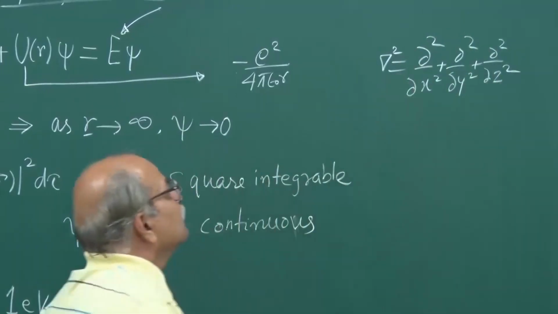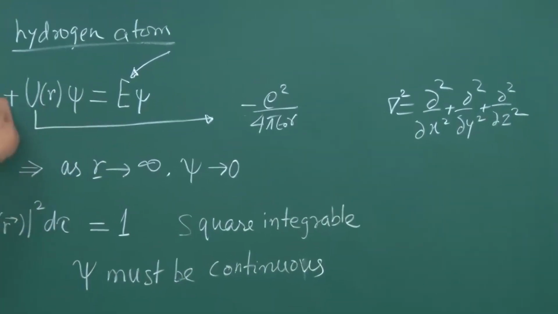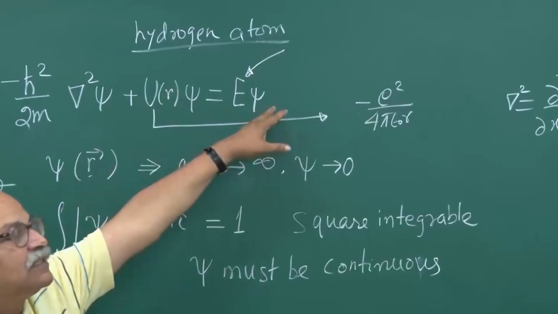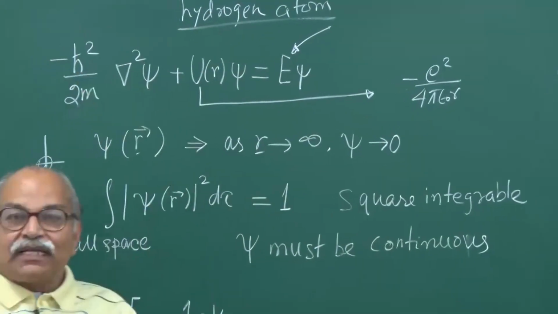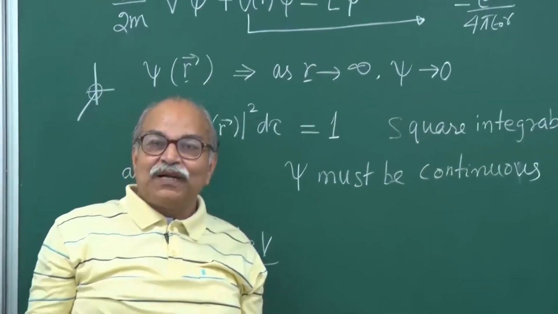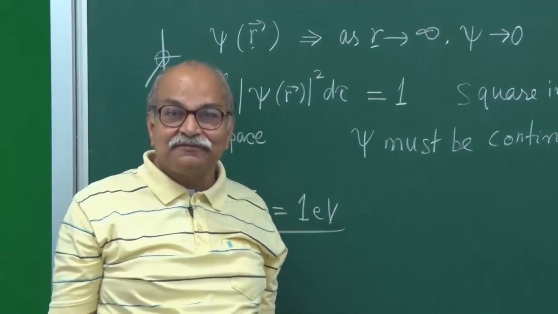So if I do all those operations on this psi and write this equation, what functional forms of psi can I have?